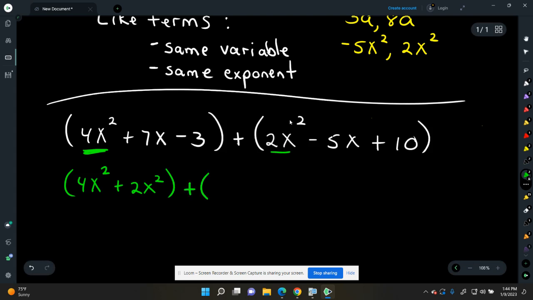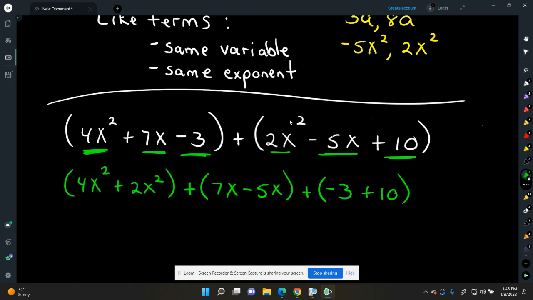Plus, in parentheses, next thing I see is a 7x. So 7x, a like term, negative 5x. So it would be minus 5x. Plus, we're going to do minus 3 plus 10.